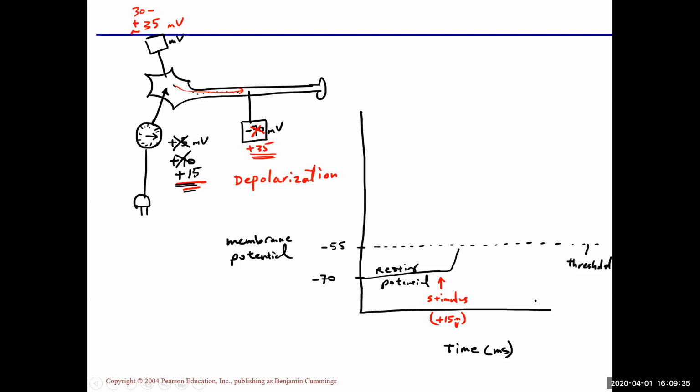This is the minimum amount of voltage necessary to get the sodium voltage-gated channel open. If you recall earlier, I mentioned that there are a lot of sodium voltage-sensitive channels on the axon hillock right over here. So when you apply enough voltage, raising it to the threshold level, these channels start opening.